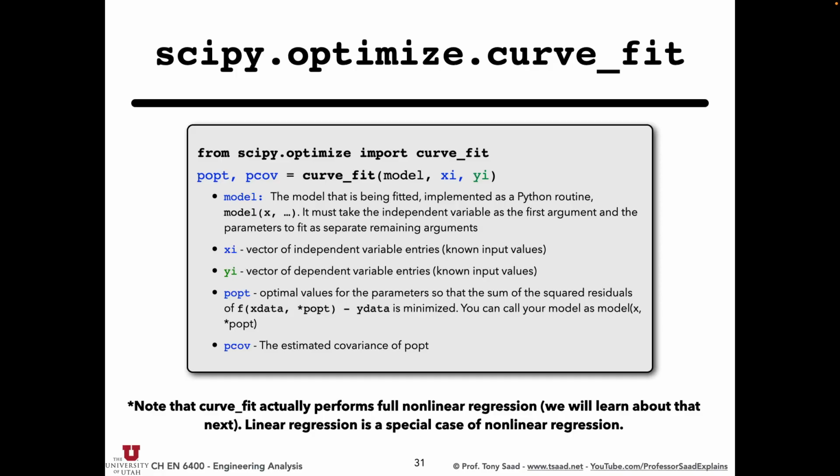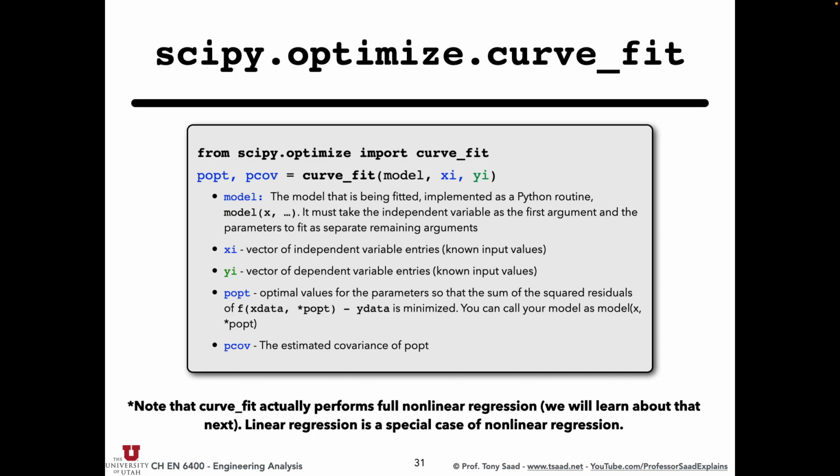Xi is the vector of independent variable entries, known as the known input values, okay? And then Yi is the vector of the known dependent variables. So Xi and Yi are given to you. Now, curve_fit returns two quantities. One of them is popt, or p-opt, the optimized parameters, the parameters from the optimization.